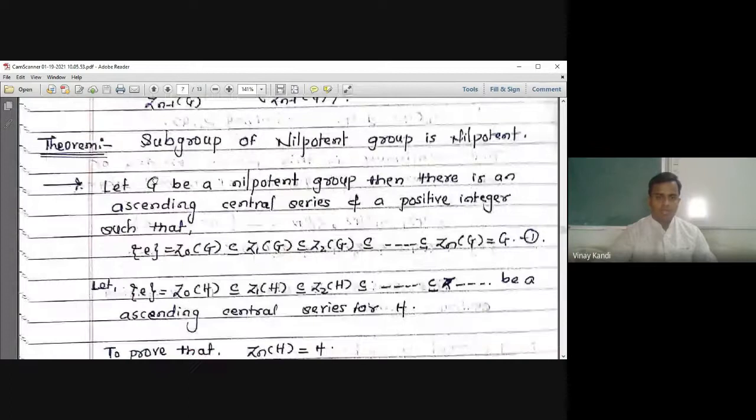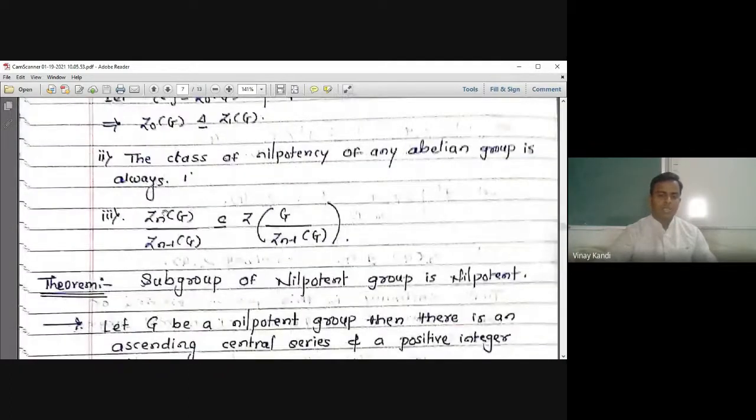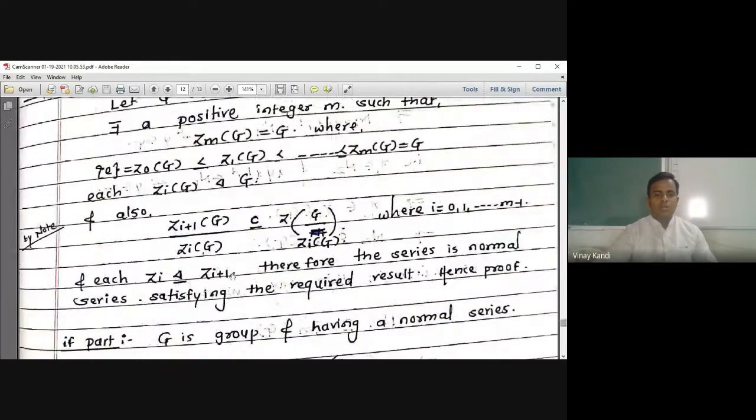Okay, Zn upon Zn minus 1. Take n, replace n with n plus 1. Here n plus 1 is there, then here we get n. By using that note, Zi plus 1 of G upon Zi of G is contained in Z of G upon Zi of G, where i is running from 0 to m minus 1.